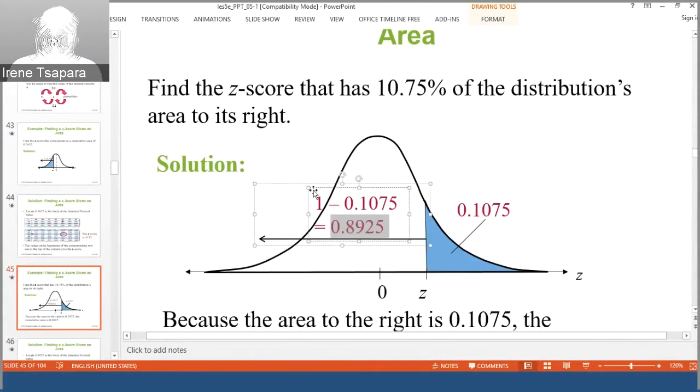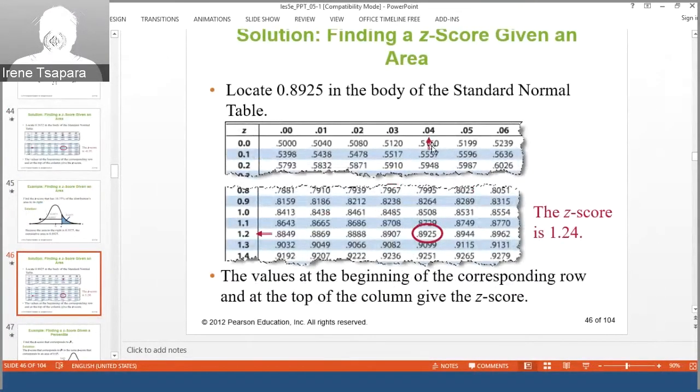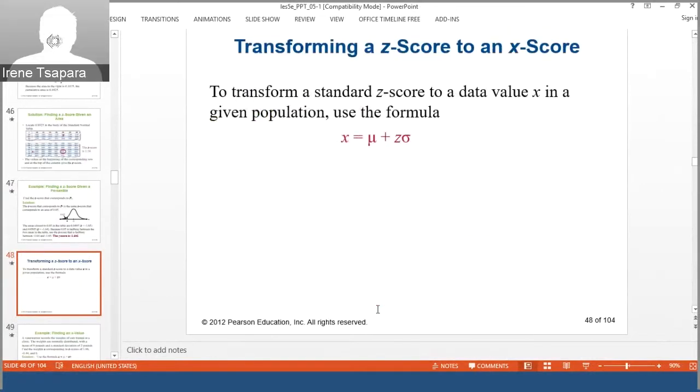And then I will look in the z-score table for this number right here in order to find the corresponding z-score. And the z-score will be 1.24. Okay, that's enough. This is the idea of how to transform between z-scores and probabilities in general.